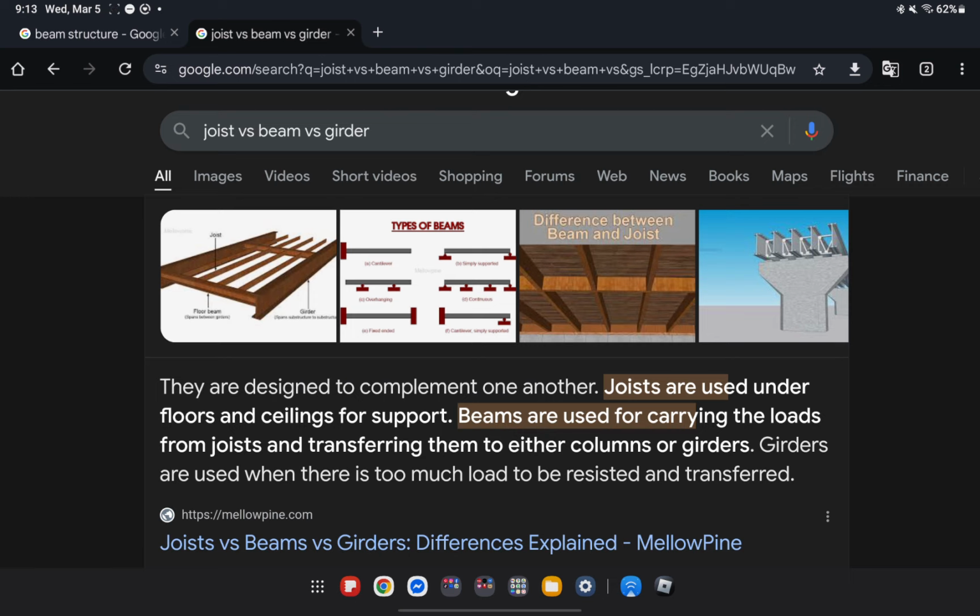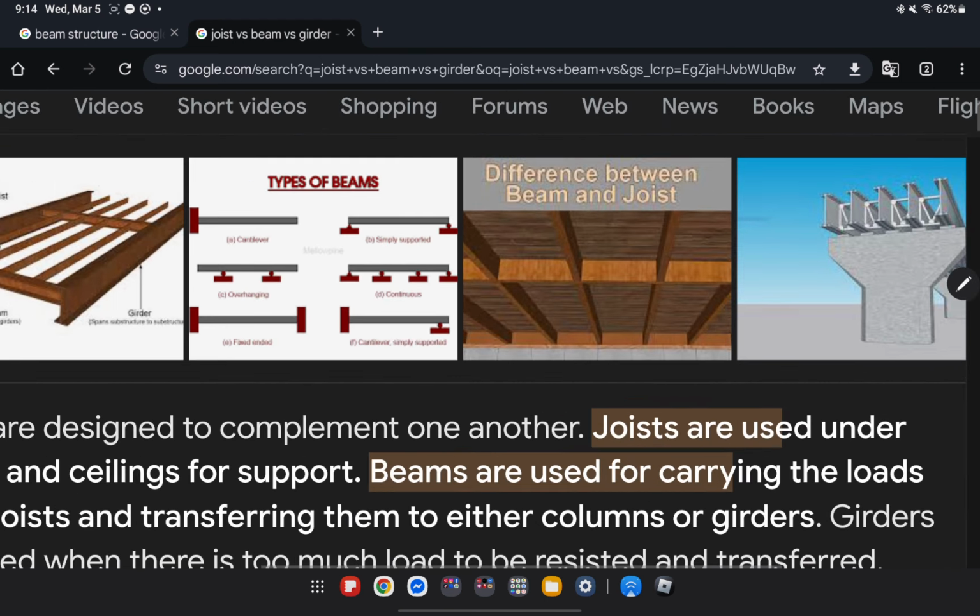So this is commonly used for wooden construction. I don't know if you can still see this nowadays because we rarely have wooden structures, but this is how it looks like. This is a floor joist.